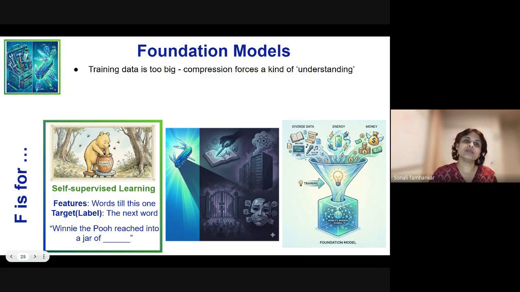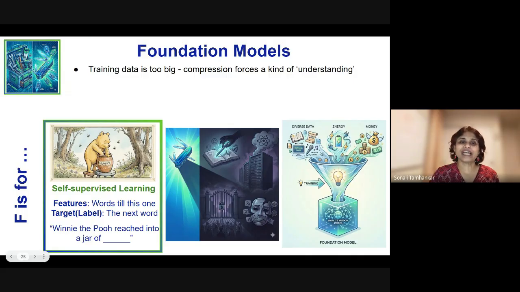A foundation model has billions of parameters, sometimes millions even, but it's trained on trillions of tokens. So it can't memorize the internet verbatim, right? It's too big. So to compress it, it has to learn the patterns and logic behind the words. It learns the grammar, the humor, the reasoning. It learns that water is wet, so to say, just so it can predict what comes next efficiently.